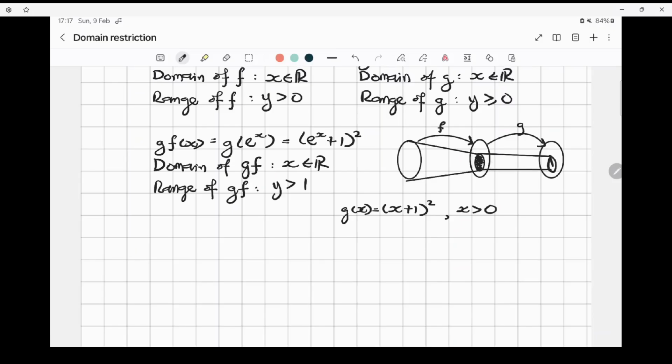And you can see that the range of g is also smaller than what is originally defined. It's not the whole range of g. It's a smaller subset.